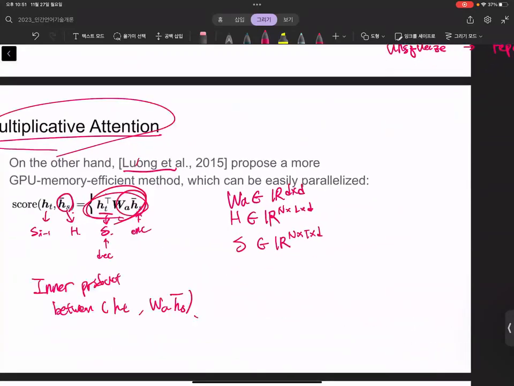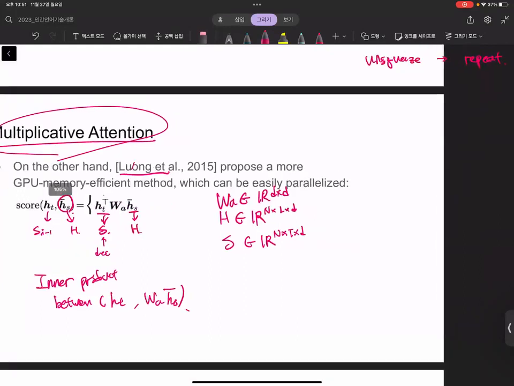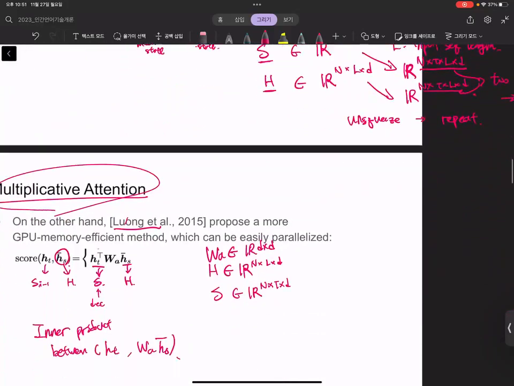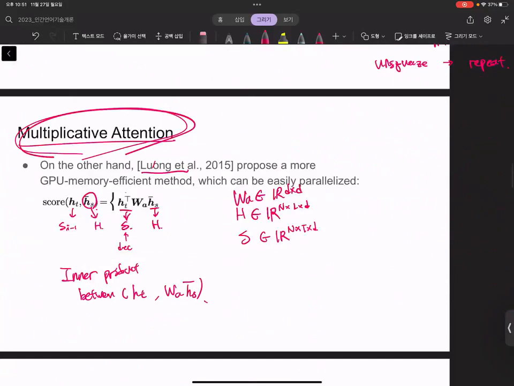And WA S bar, if we use tensor H, this is H, this is the S, right? I want to use this S and H to reduce the confusion between additive attention and multiplicative attention.